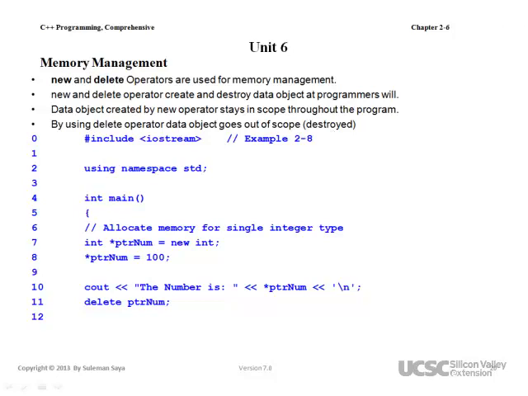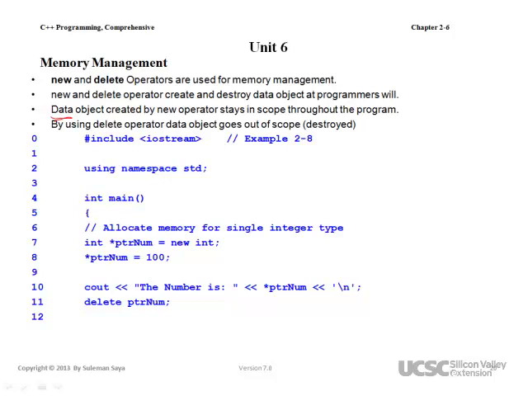Data objects created by the new operator stay in scope throughout the program. Now, if the programmer does not destroy the data object, it will stay in the memory even after the program has stopped.